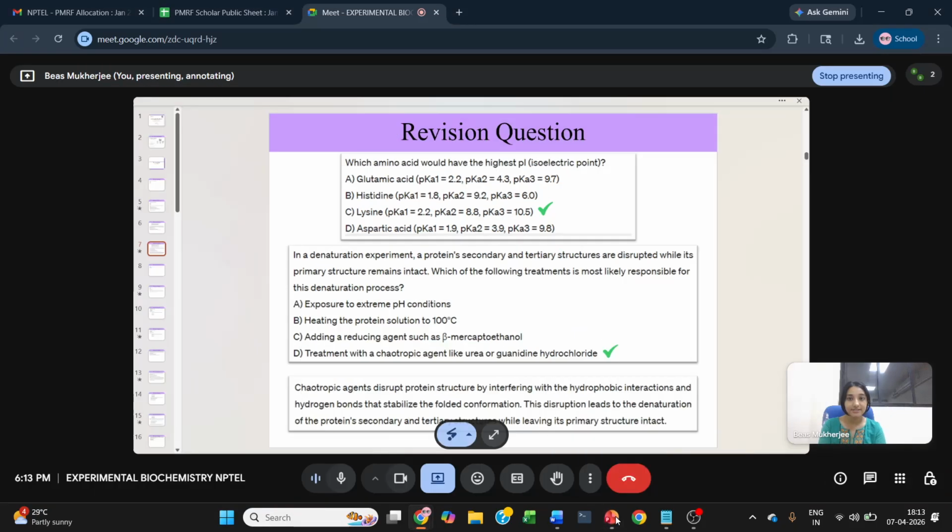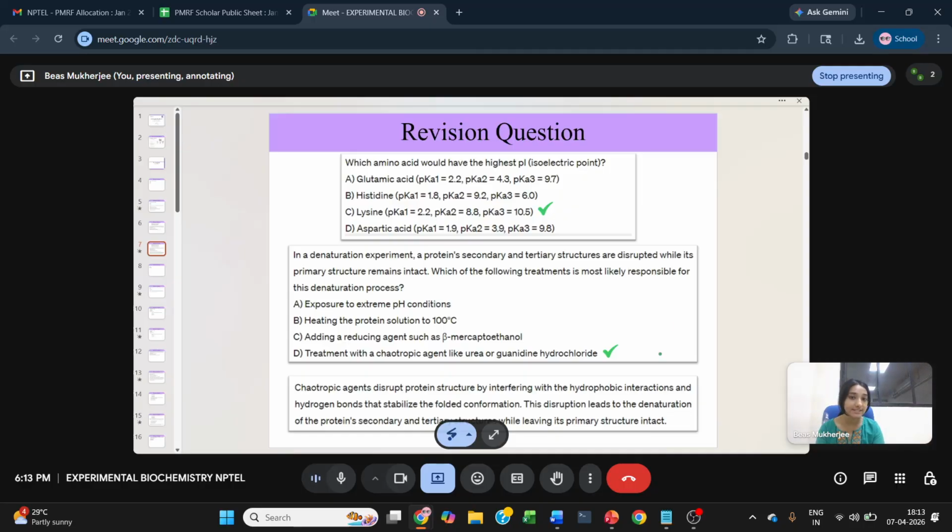The right answer is C for the first question, and for the second one, chaotropic agents disrupt the protein structure by interfering with the hydrophobic interactions and hydrogen bonds. This disruption leads to denaturation of the protein's secondary and tertiary structure, leaving the primary structure intact.